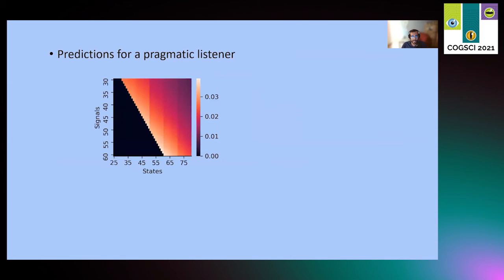So the prediction for a pragmatic listener is that, here in each row you have a signal, so more than 30, more than 35 here, more than 40, and so on. And this is another way of visualizing it. So this is more than 100, then more than 110.